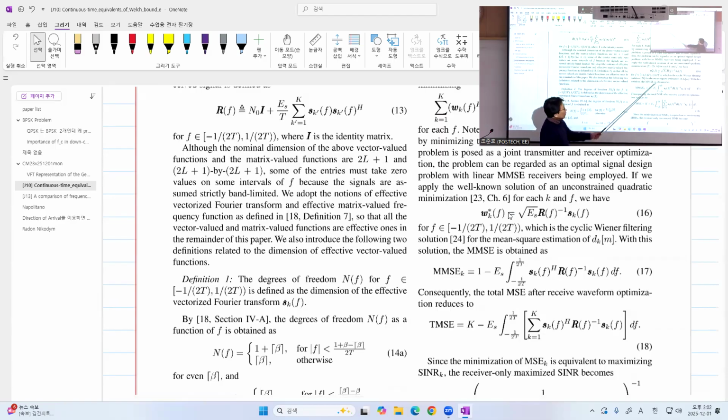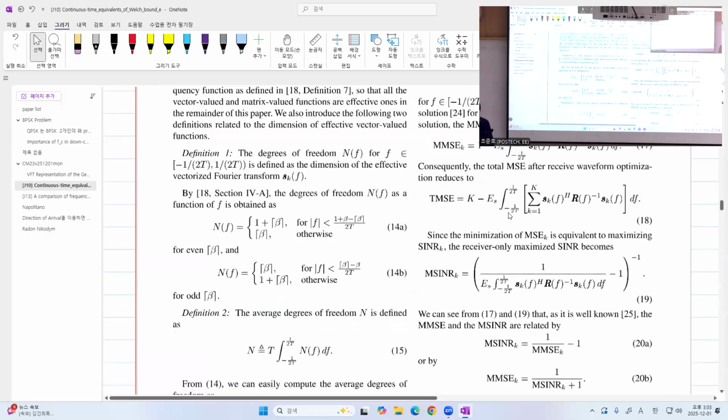So we plug this one in to simplify our mean squared error for the minimized mean squared error at the receiver, but not yet minimized for transmit waveforms. Now, in terms only of transmit waveforms, because here, this is now replaced by that one. So the procedure is very, very similar to the 2004 paper. And the total mean squared error can now be written this way after receive optimization.